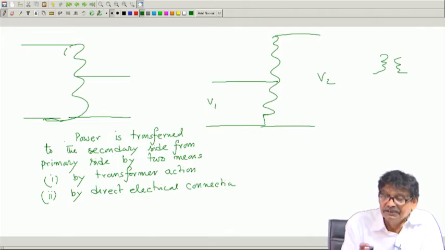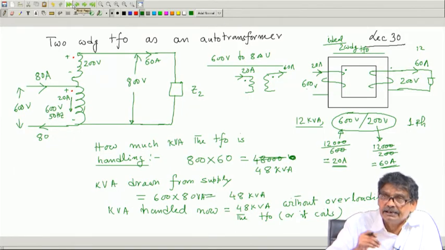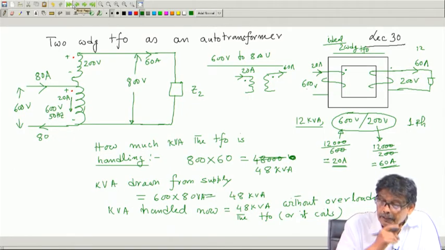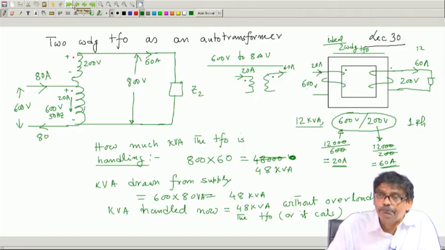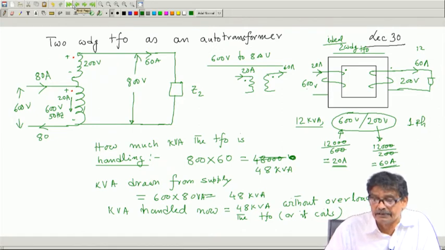Now, it looks like out of this 48 kVA, a portion is transferred because of magnetic induction by transformer action, and the remaining portion must have been delivered because of direct conduction of power from primary to secondary side.